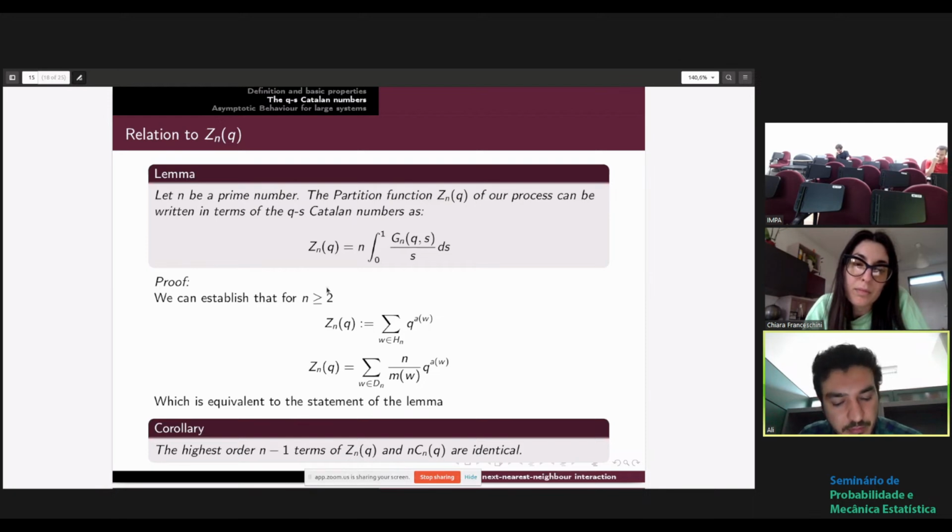multiples. Okay, well, let's make this better. So the classes of equivalence by rotation for n prime all have the same size.